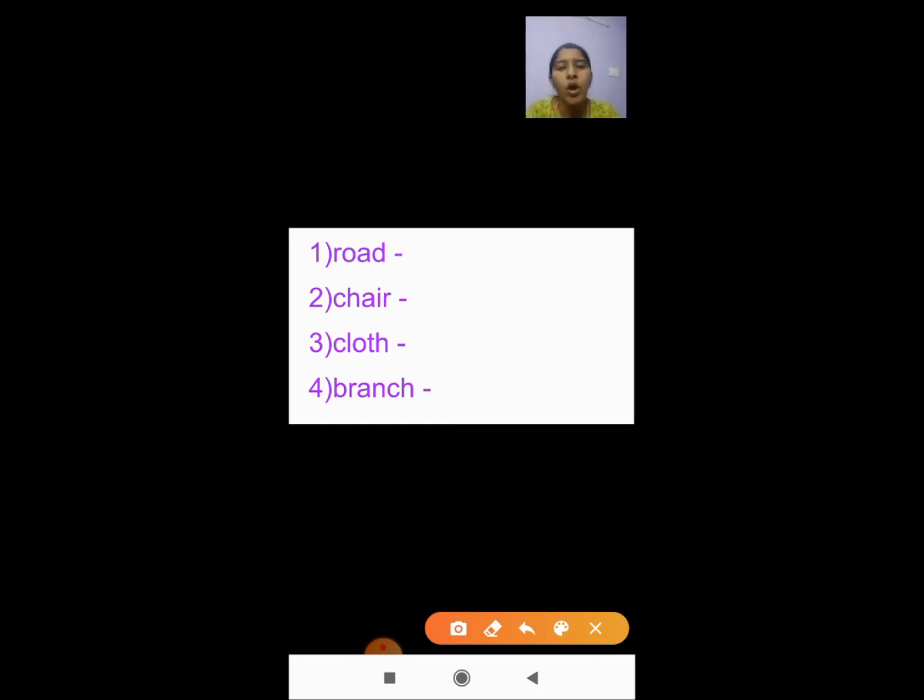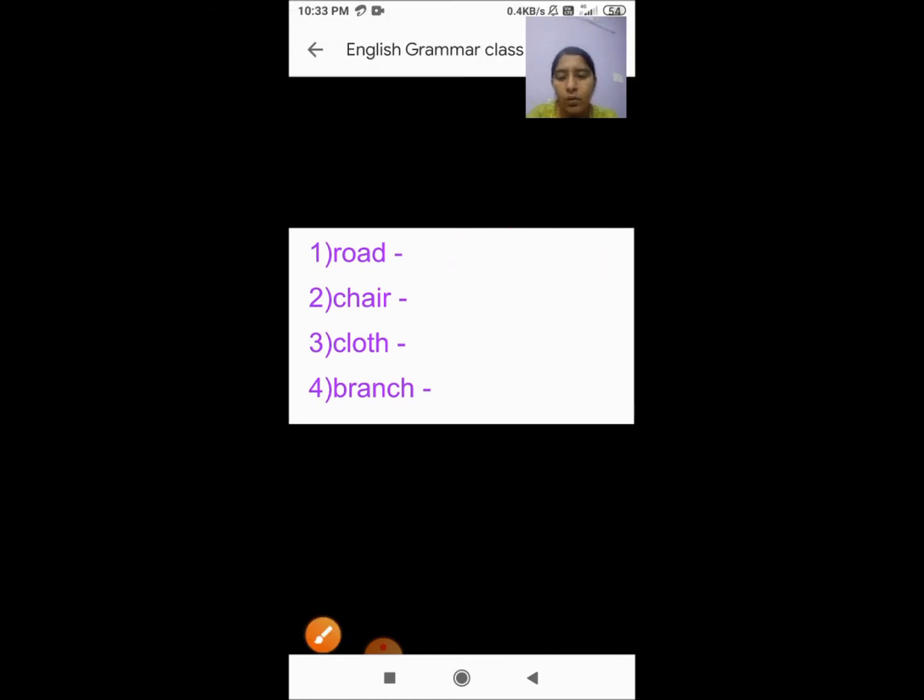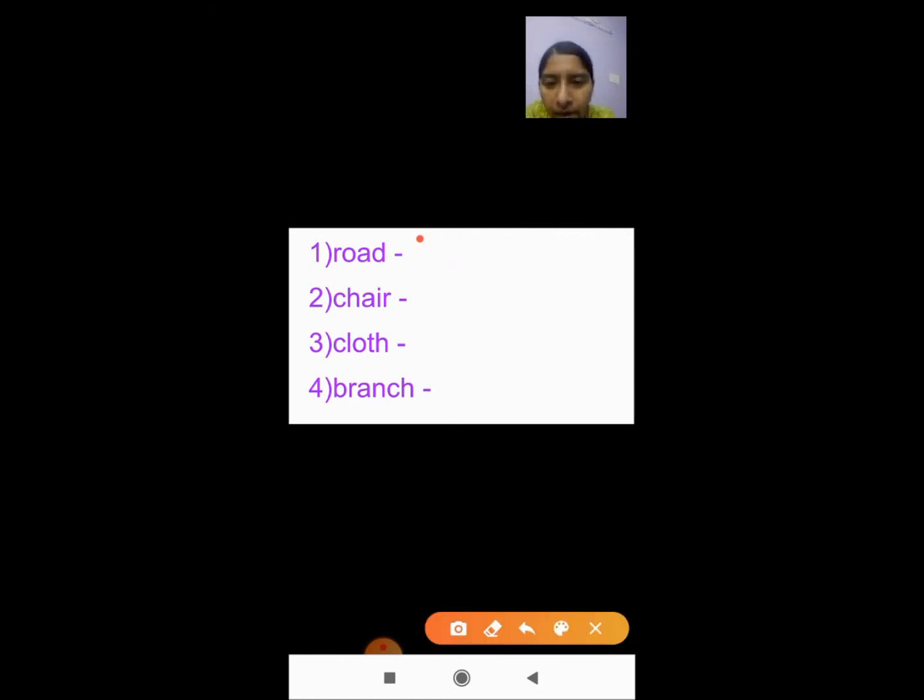So if you want to make it plural, we are just going to write roads. We are going to add S at the last.